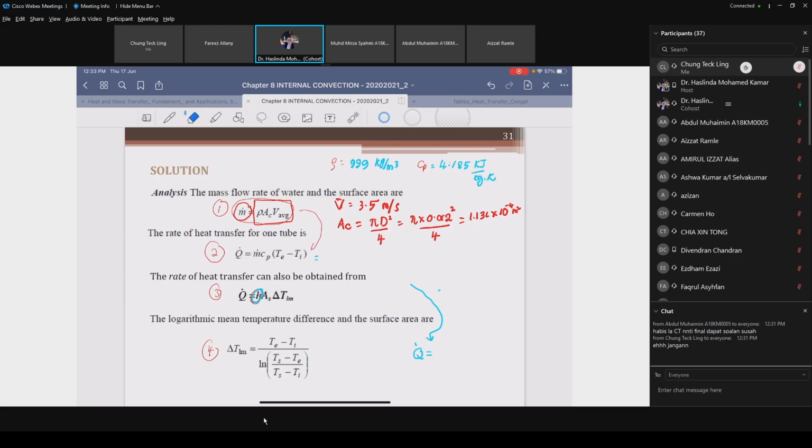So what is the right m dot based on the new density? 9 times 1.131 times 10 to the power of 4 divided by the dy. Kena jawab dengan the velocity is 3.5. Okay, what is the answer for m dot? Someone? 0.395.